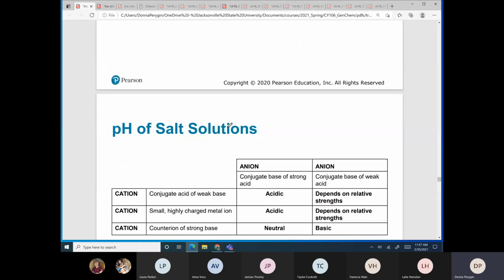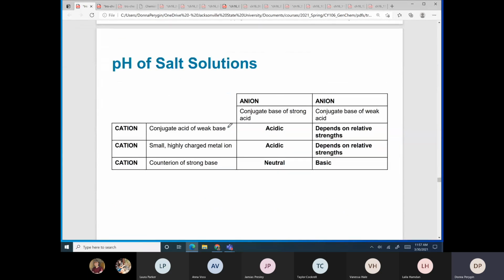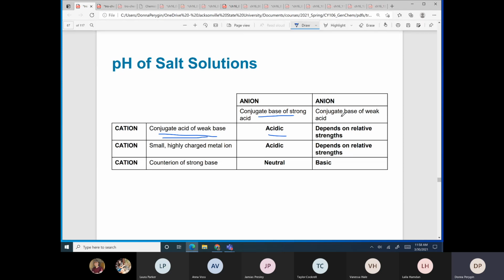Classifying these things, I don't want to read all of this. All right, so here is a chart you can use. If the cation is the conjugate acid of a weak base and the anion is the conjugate base of a strong acid, you get an acidic solution. If the cation is a conjugate acid of a weak base and the anion is the conjugate base of a weak acid, then you have to consider the relative strengths.